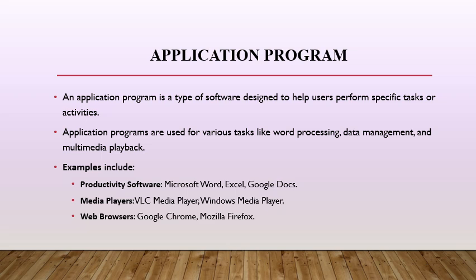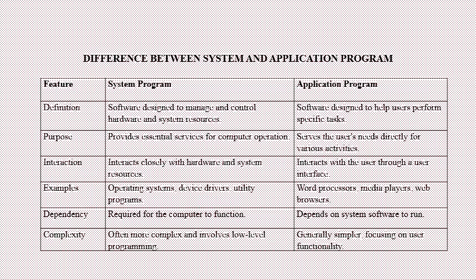Now, what are the differences between these two particular programs? This table presents the difference between system and application program. If you look at the table, it's categorized under three headings: the feature, system program, and application program. Feature is talking about the concept under which the differences are discussed.